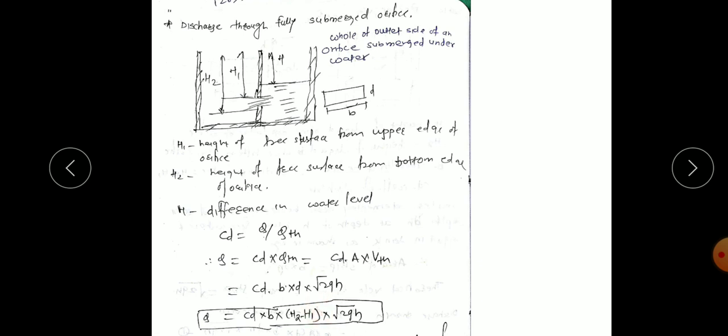So the discharge from the fully submerged orifice is Cd, the breadth of the orifice b, and the difference of the depths from the free surface of the liquid. h2 is the depth from the bottom edge to the free surface of the liquid, and h1 is the depth from the upper edge of the orifice to the free surface. So we get Cd b (h2 minus h1) under root of 2gh.